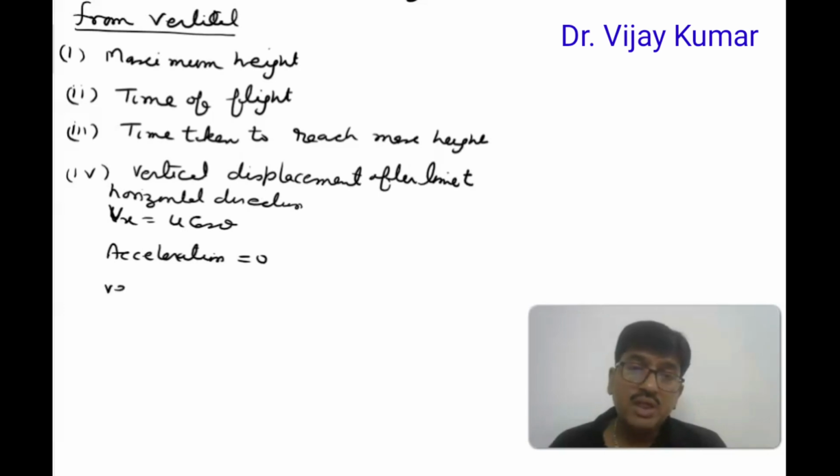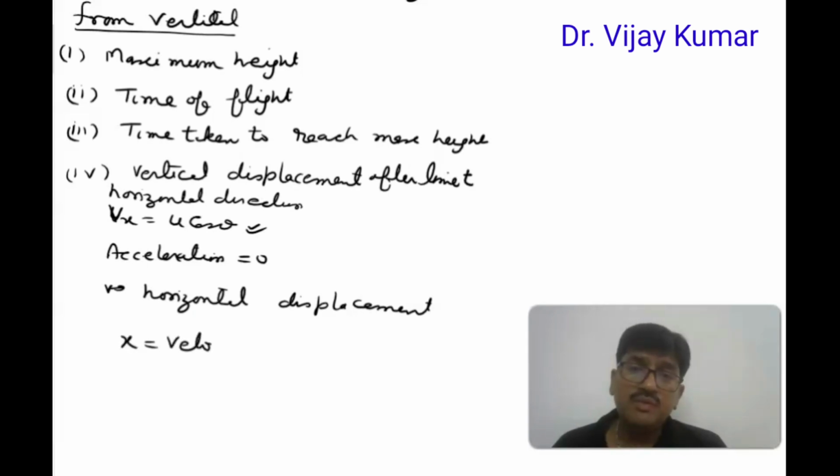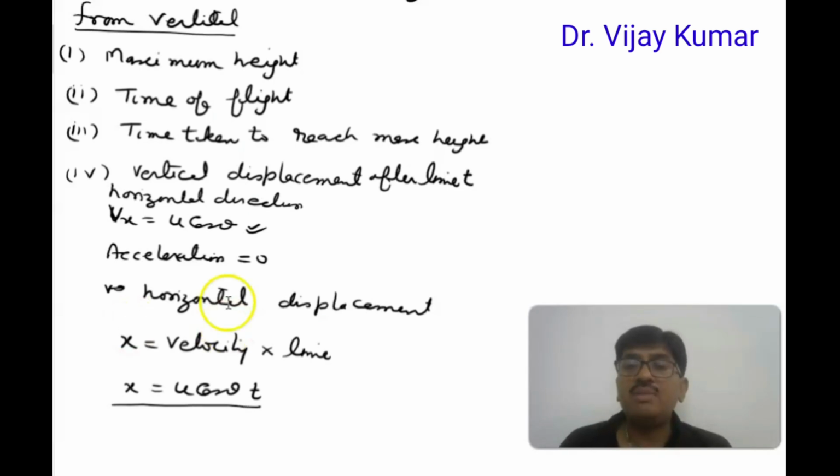The velocity after time t is always equal to u cos theta. And if we discuss the horizontal displacement after time t, suppose this is x, it is the horizontal velocity into time, that is u cos theta into t. This is the horizontal displacement after time t.